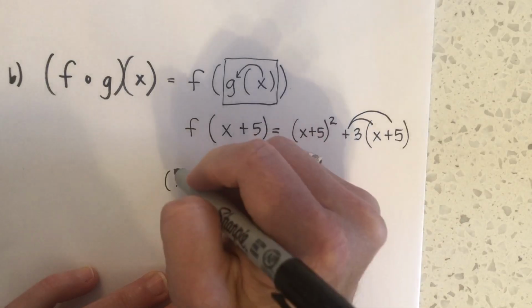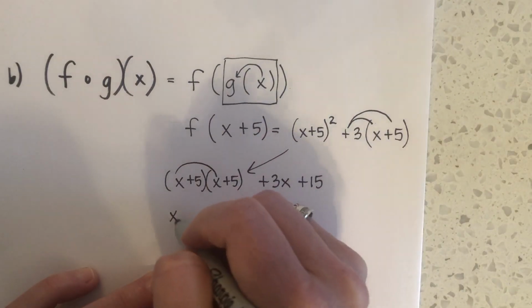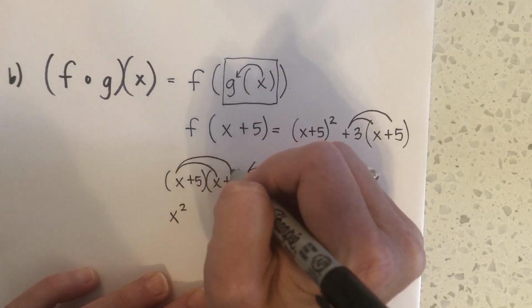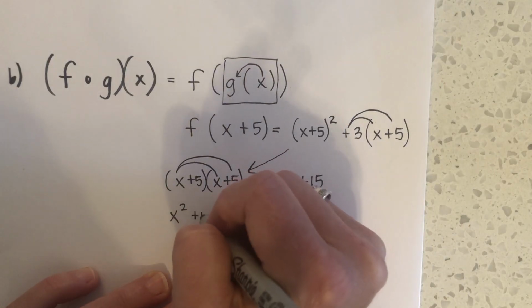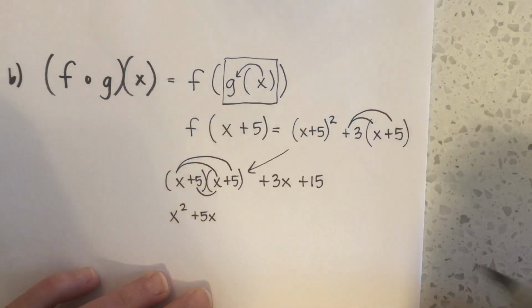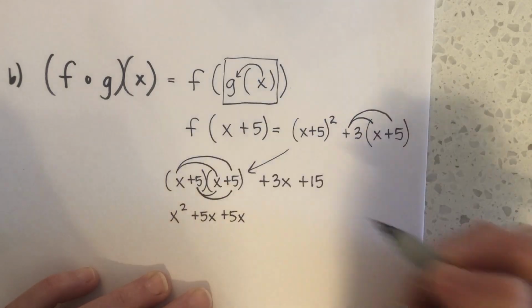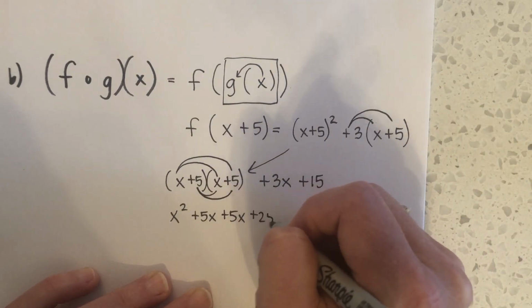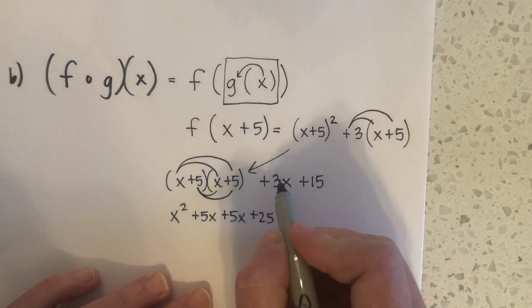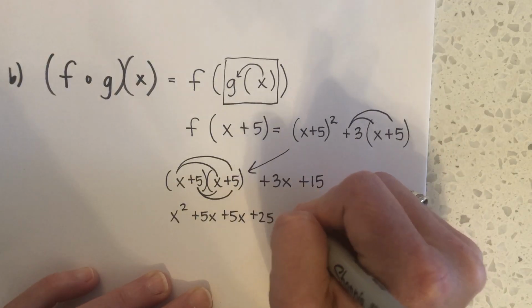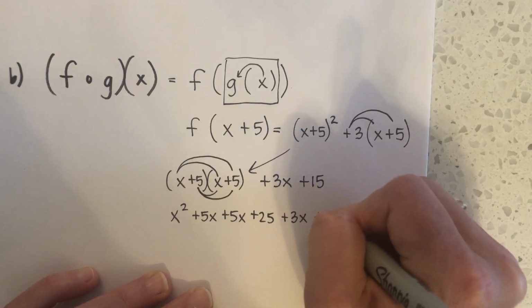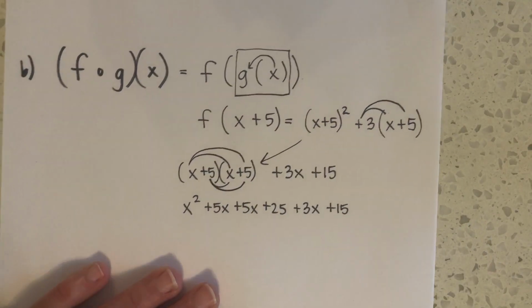So what's x times x? That's x squared. What's x times 5? That's 5x. What's 5 times x? 5x. And then what's 5 times 5? 25. So that's what I get when I FOIL this out and now bring down the plus 3x and the plus 15. And then you just go through and combine like terms.